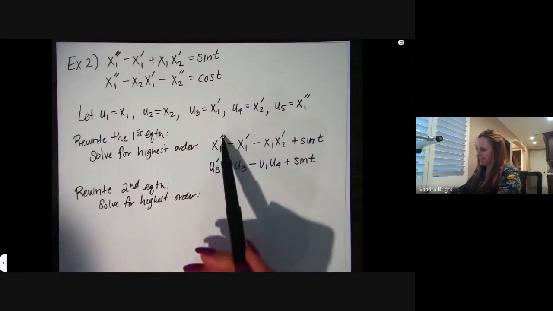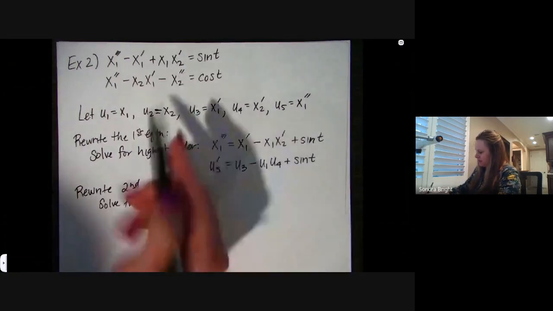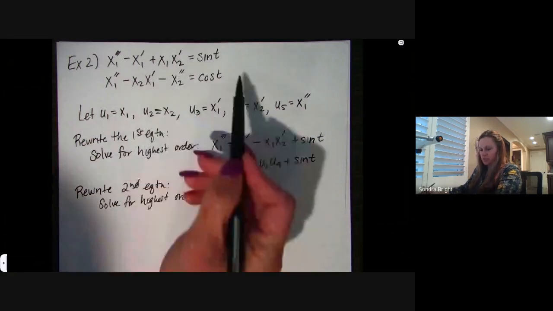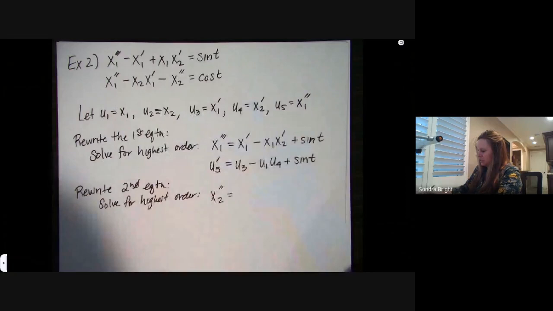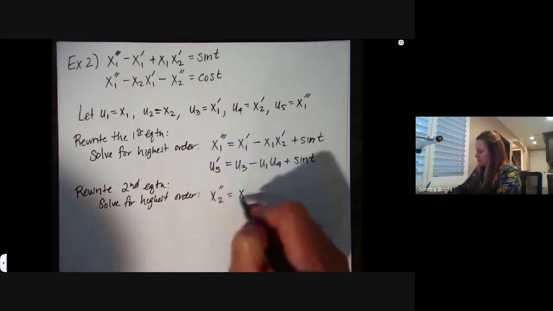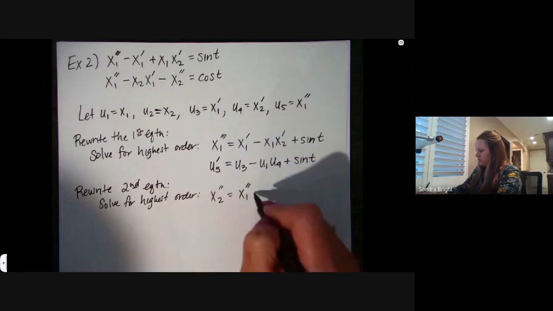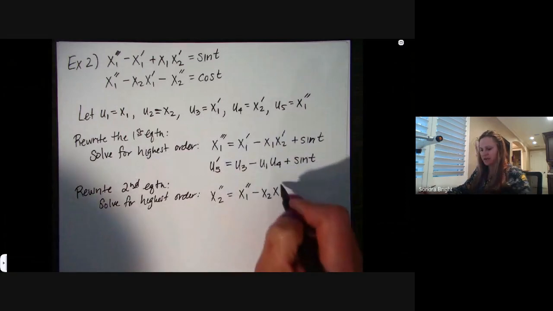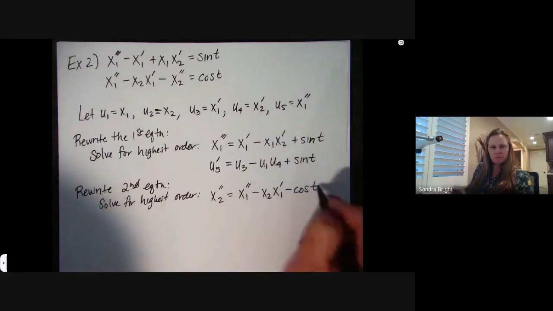So I would add that over to the other side. The second derivative on x2 would be the second derivative on x1, minus x2 times first derivative of x1, and then I would have needed to subtract the cosine of t to get those over there.